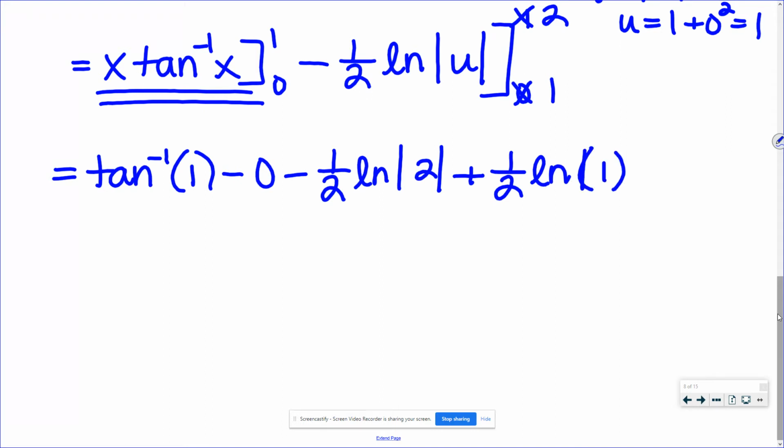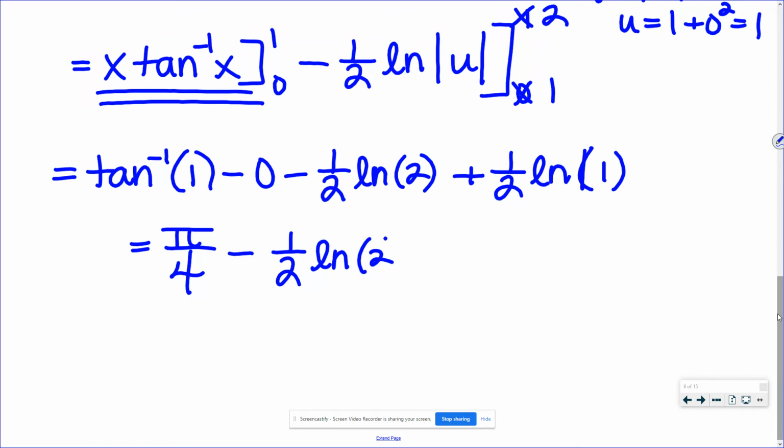I don't know why I'm putting these in absolute values when they're positive numbers. Okay? And then we're just going to evaluate as much as we can. So over here, inverse tan of 1 means when is tangent 1? That is pi over 4. Then 1/2 ln of 2, and 1/2 ln of 1, remember ln of 1 is 0. So this whole thing is gone.